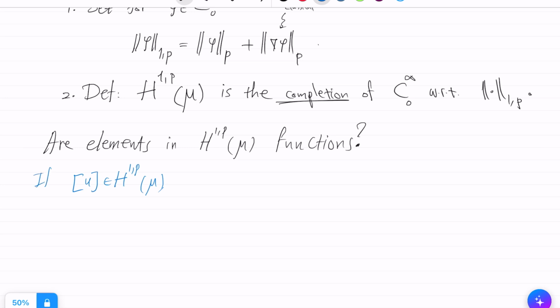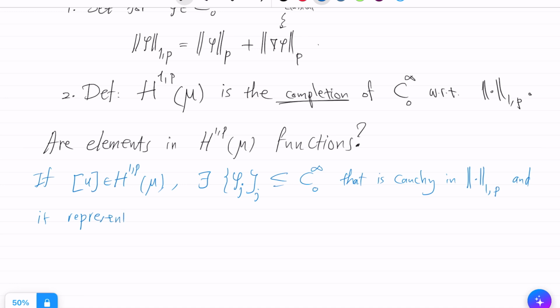So if this element [U] is here, then there exists some sequence φj in C infinity 0 that is Cauchy in this 1p norm, and it represents this object U. This is one, but there are possibly many other sequences doing that.